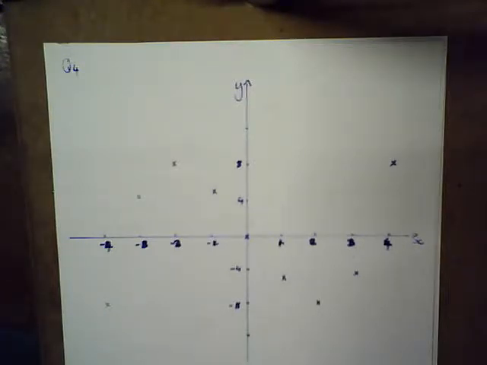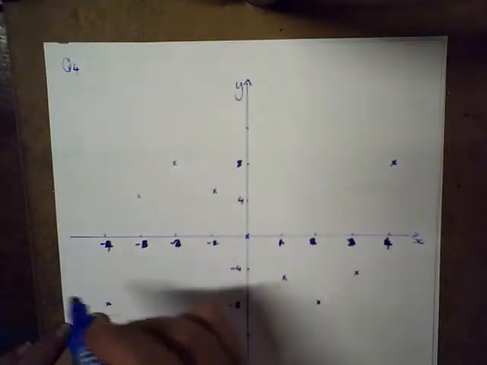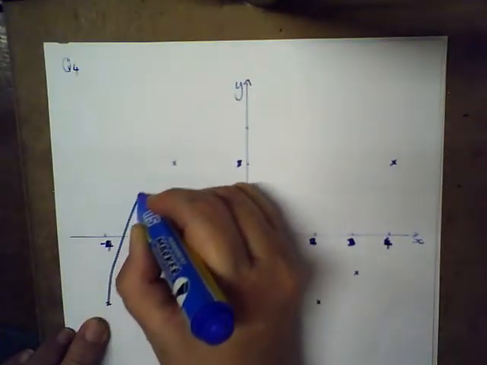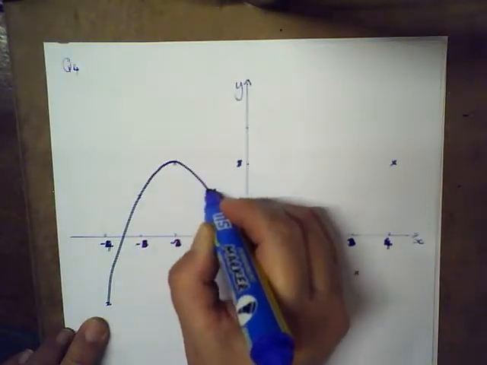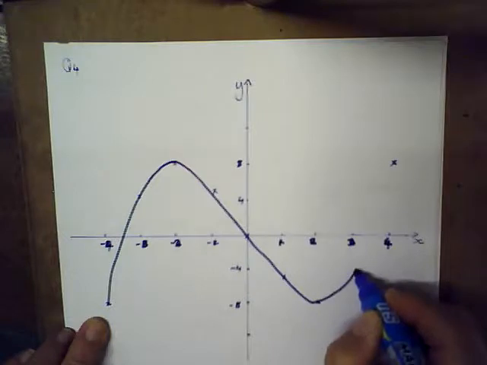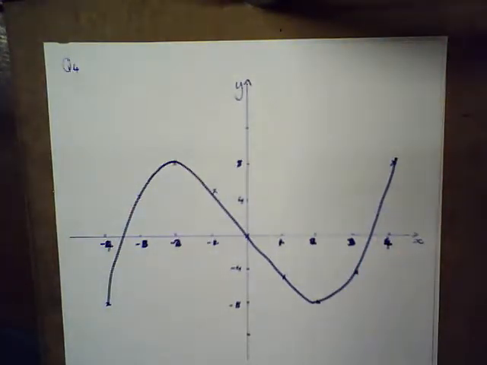Okay, now we've got to draw the curve. So I've done the plots. I've plotted all the little points with little tiny x's and in exactly the right places. And then I will use one smooth motion to draw my graph. Okay, and that's it.